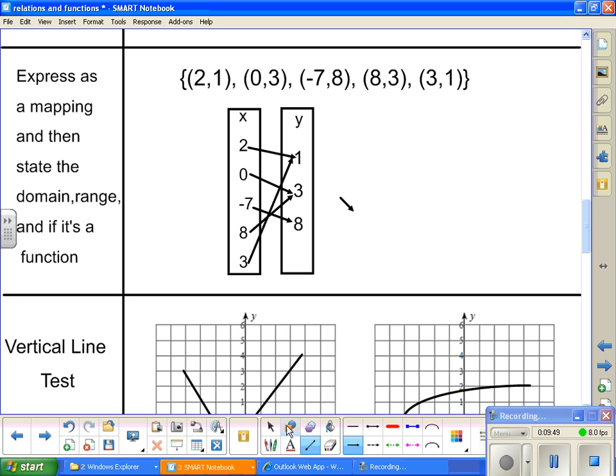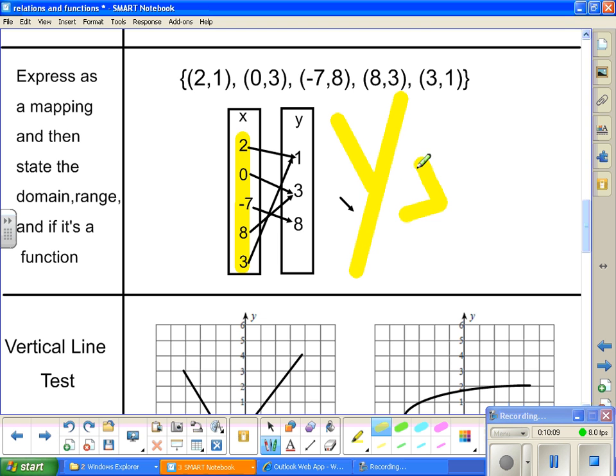But again, all you care about to tell if it's a function or not are these numbers and these arrows. Each of these numbers only has one arrow, so the answer would be yes, it is a function. And we've listed the domain, we've listed the range, we've done the mapping, and we've said yes.